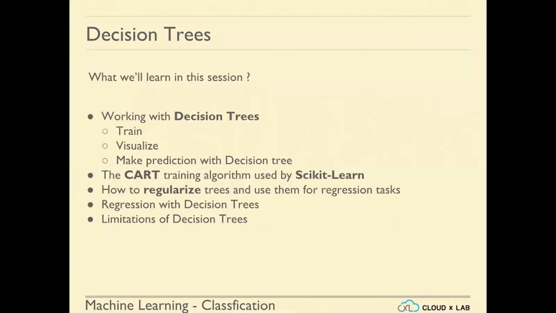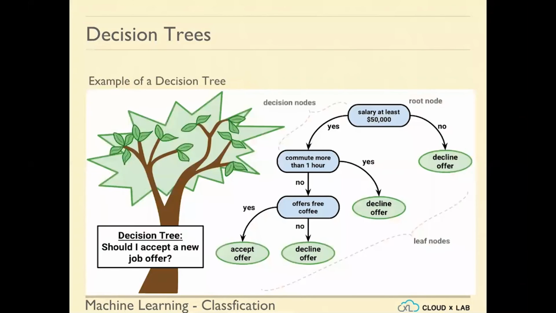We'll be learning the CART algorithm, and then we learn how to control and regularize the decision trees, and we will be learning how to use the decision trees for regression. Here it seems like it's only for classification, but it can be very well used with regression.